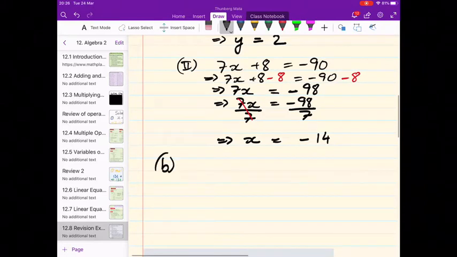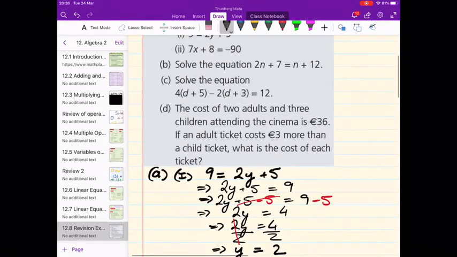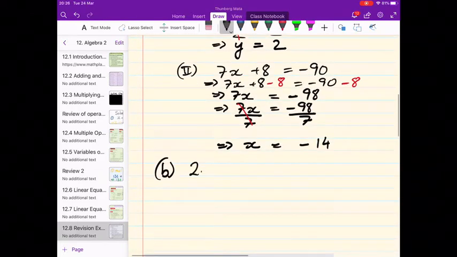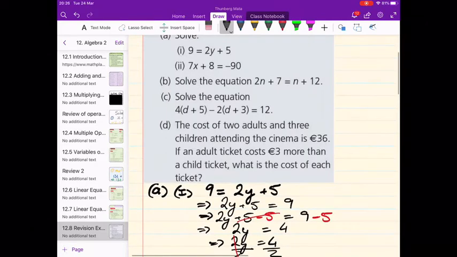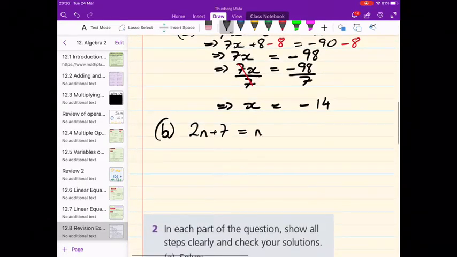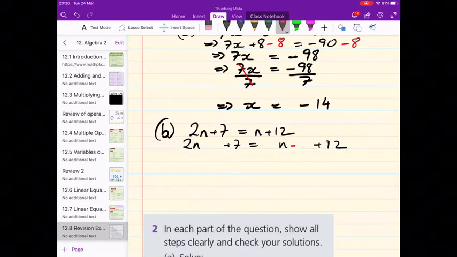Okay, part B of the question says solve the equation. So this one again is getting a little bit harder. So part B is 2n plus 7 is equal to n plus 12. So I need to have variables on one side and I need to have numbers on the other.